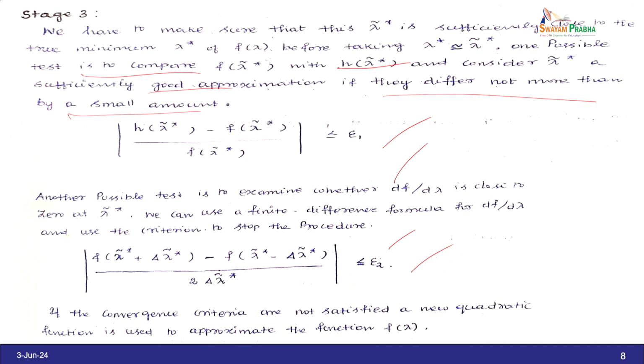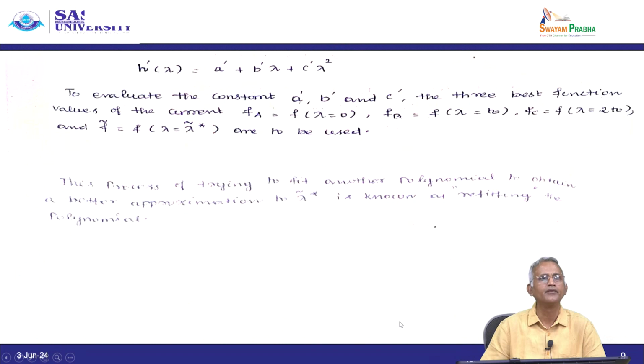If the convergence criteria are not satisfied, a new quadratic function is used to approximate the function f of x or f of lambda.